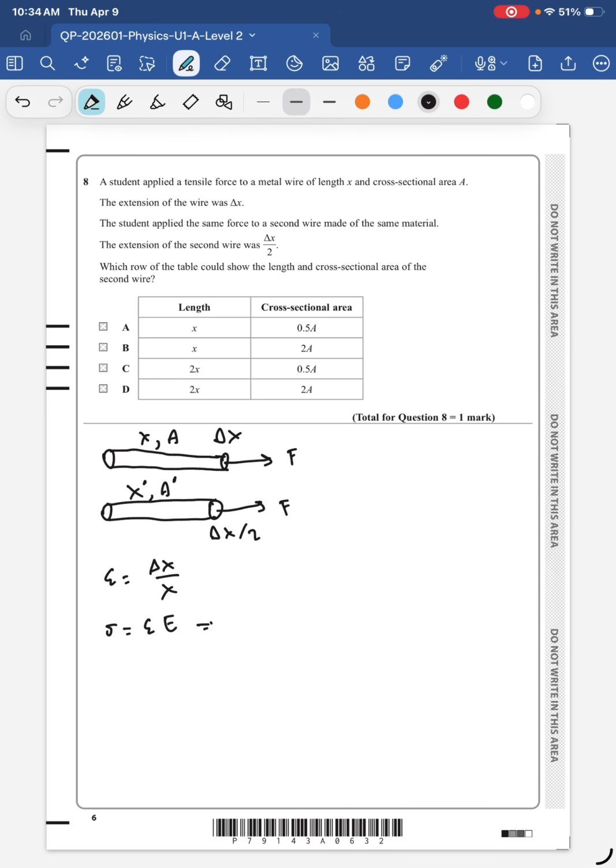Now stress is force per cross-sectional area. Extension is delta X over X. So we take the extension from here and plug it in there, times the Young's modulus. Therefore, delta X is X over A times the force over the Young's modulus.